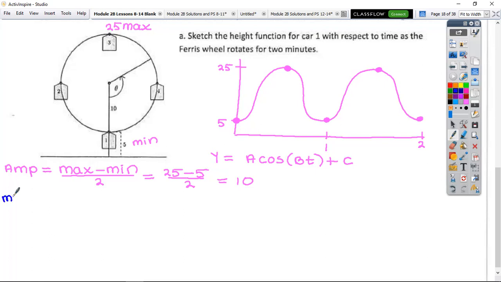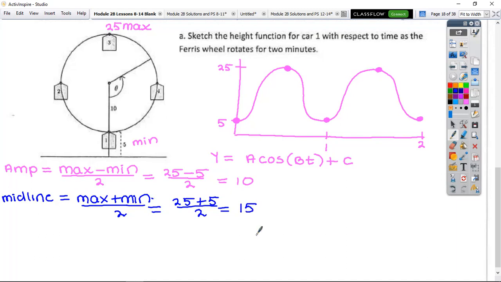The next thing we need that would be helpful to do immediately is your midline. So my midline is equal to my max plus my min divided by 2. So I have 25 plus 5 over 2, which is 30 over 2, which is 15. And then the last thing I need is my frequency. And then I just put all this together.